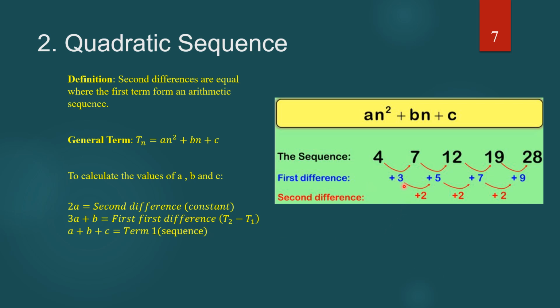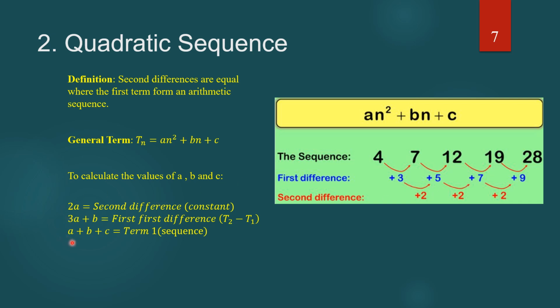The first difference is 3. So we would say 3A plus B is equal to 3, because 3 is the first term in the first difference. Solving for B, we substitute A, calculated as 1, and then B would be 0.